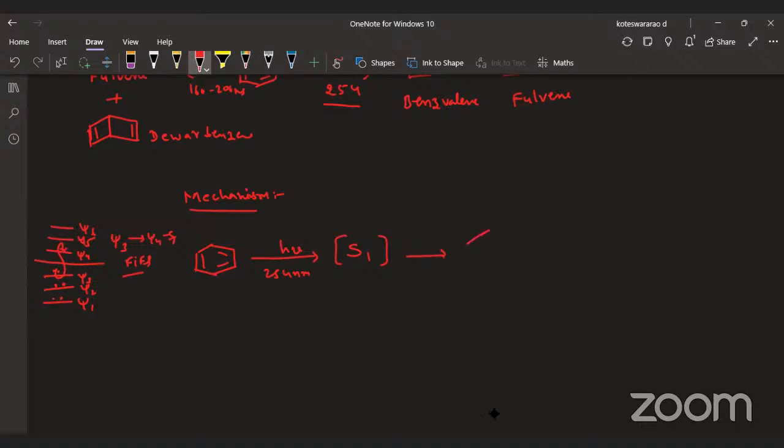That means, I am drawing another structure for our convenience.